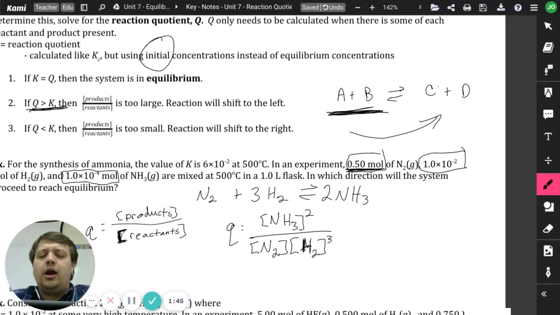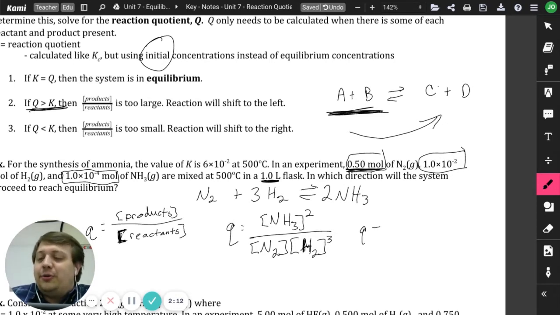Now, looking at our numbers here, they say that in the experiment I've got 0.5 moles of N2. Remember, moles and molarity, or concentration, are not the same thing. Molarity is moles per liter. Well, looking here, I do have 1 liter right there. So when I do moles per liter, it's 0.5 divided by 1. That's basically 0.5, so we could just plug in the moles there for our molarity.